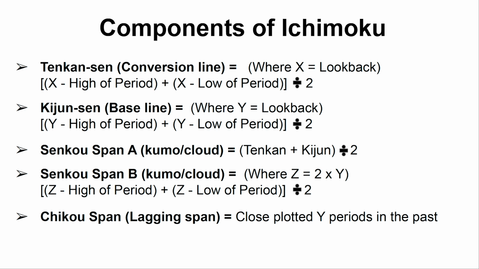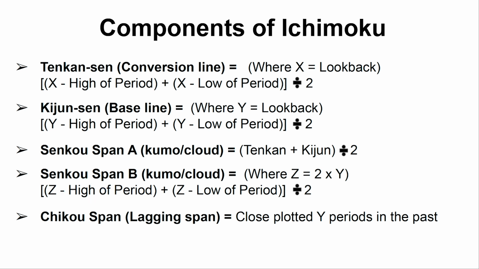Now the next 2 components are Senkou span A and Senkou span B. These 2 lines essentially create the Kumo, or cloud as we call it. Senkou span A is essentially the average of the Tenkan and Kijun, while Senkou span B is the average of the high and low for the look back period being analyzed.